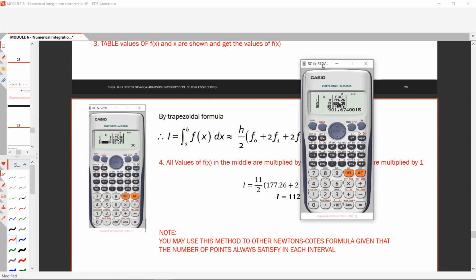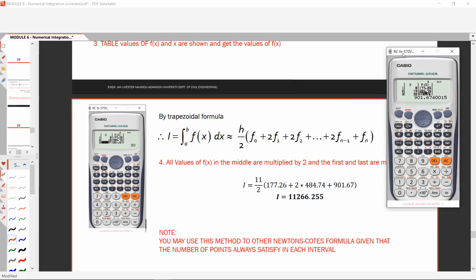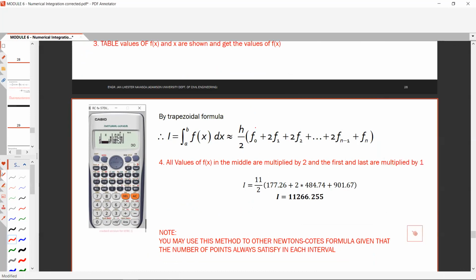So now, by trapezoidal rule, take note, ang sabi ko nga sa composite trapezoidal rule, the first and last term are multiplied by 1, and anything in between is multiplied by 2.